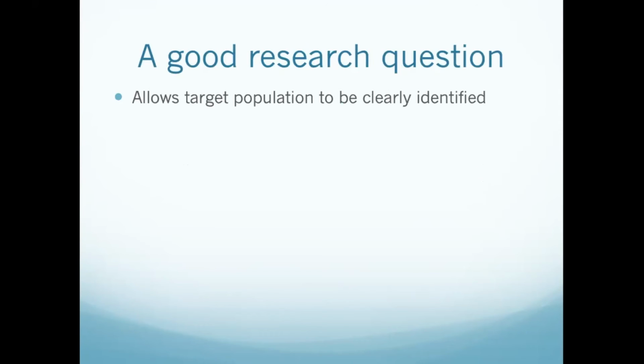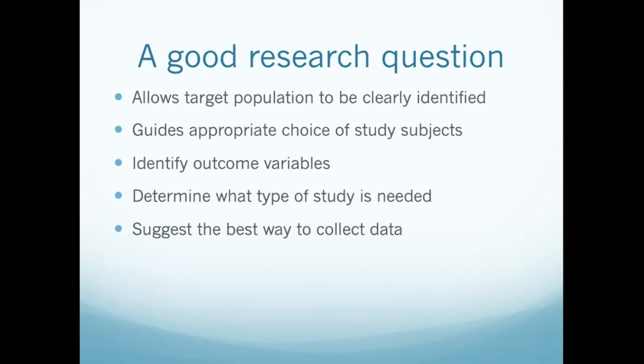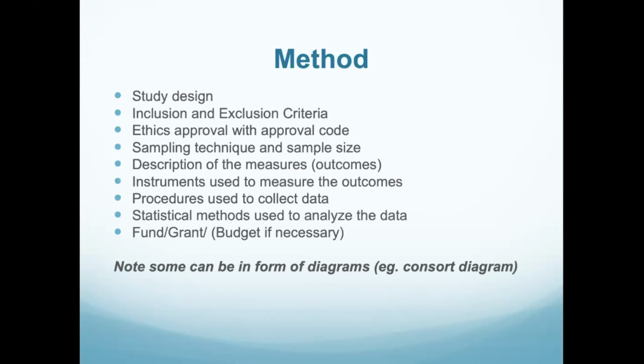A good research question allows the target population to be clearly identified. It guides appropriate choice of study subjects. It identifies the outcome variables. It determines what type of study is needed. And it suggests the best way to collect the data, as well as influences the number of study participants.